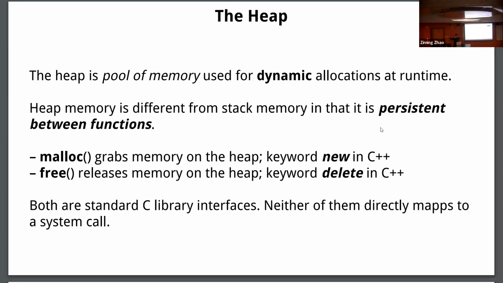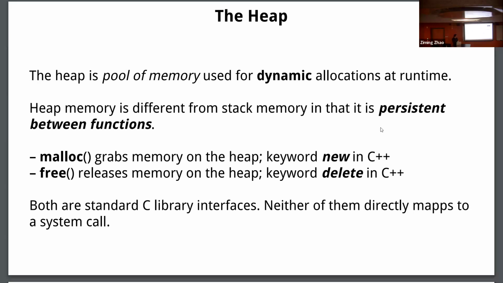Even though that instruction is executed at runtime, that instruction was emitted by the compiler. The compiler already determined that we're going to do that when you execute the program. Then the location of those local variables is just an offset of RBP or EBP, right? However, the memories in heap are dynamically allocated, and also they are persistent between functions.